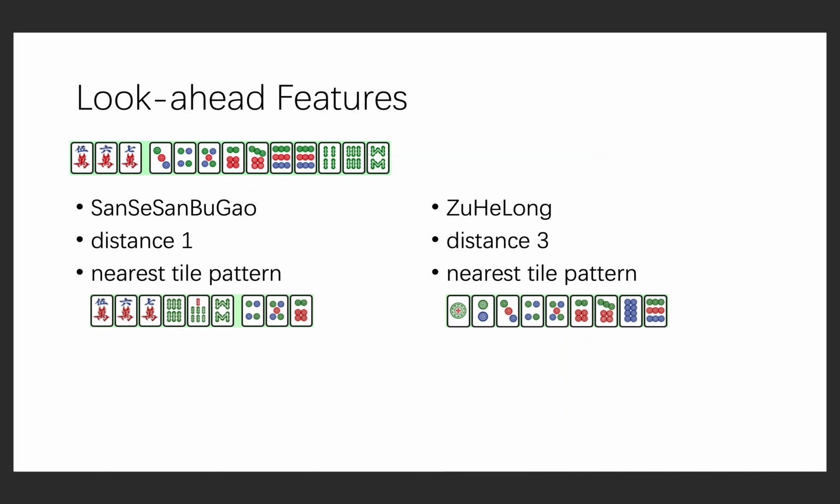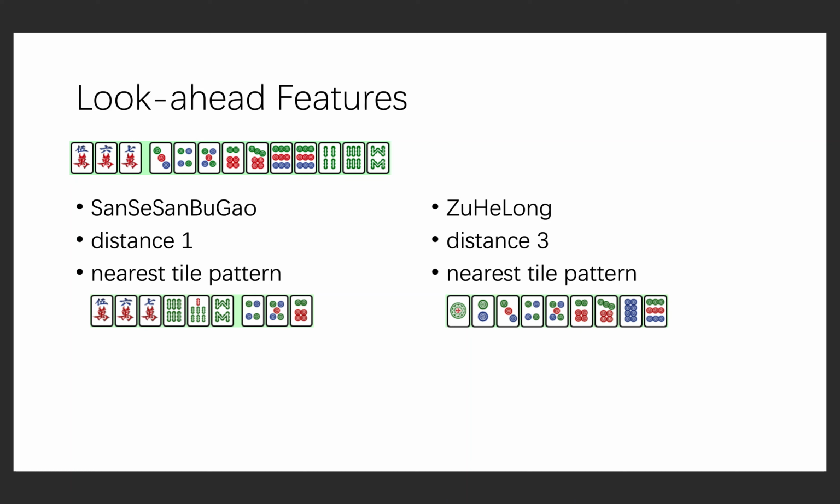And here's an example for look ahead features. On the top is one hand of a player, and we compute the distance from 2 different fan patterns.